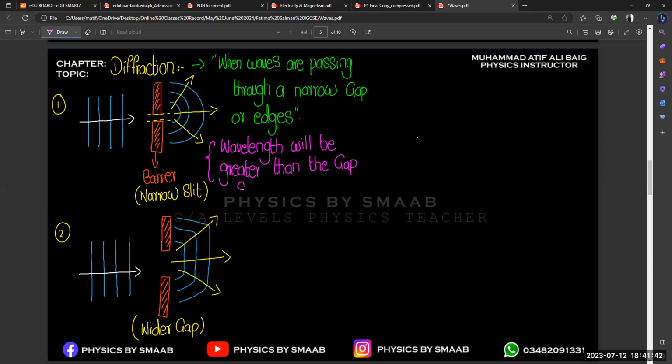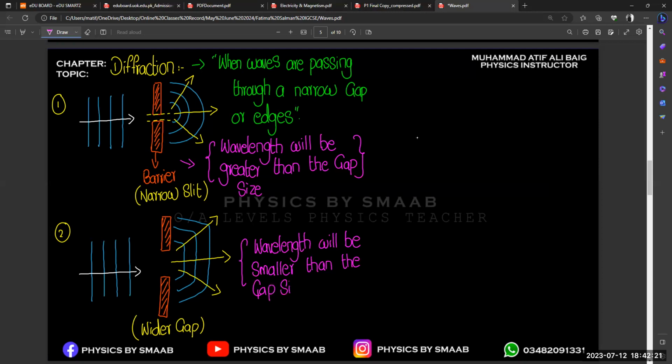For the second diagram, we simply write that the wavelength will be smaller than the gap size, the wide gap size.